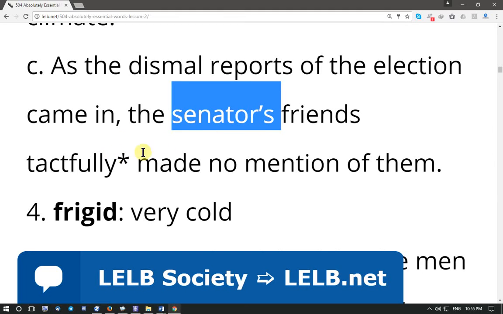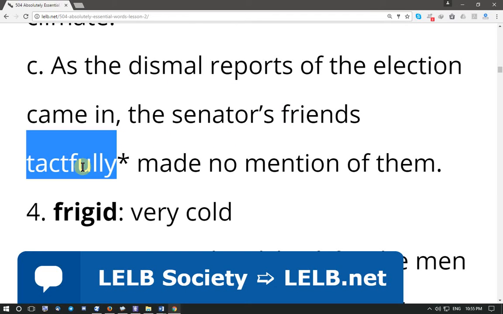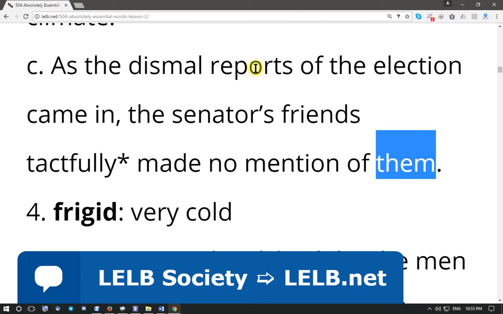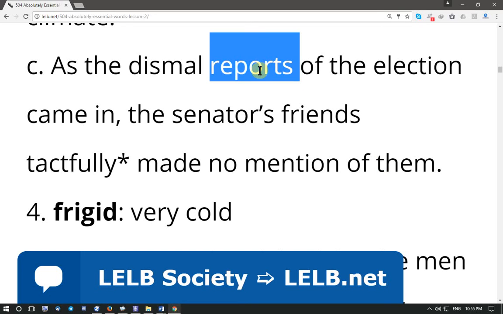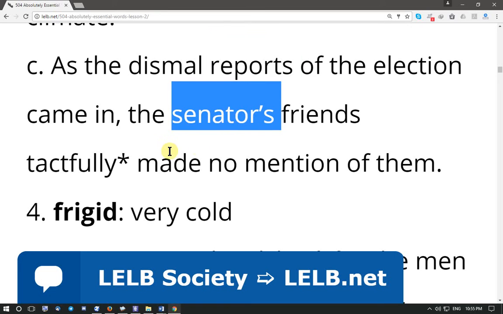The senator's friends tactfully or wisely made no mention of them, and them refers to the reports. Because the reports were not satisfactory, they just tried to hide or conceal it from the senator.